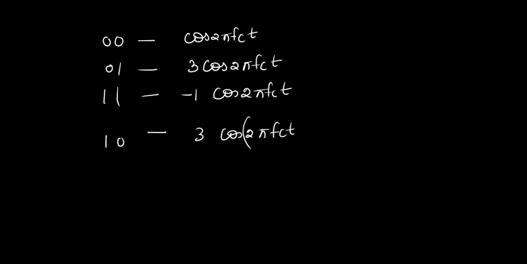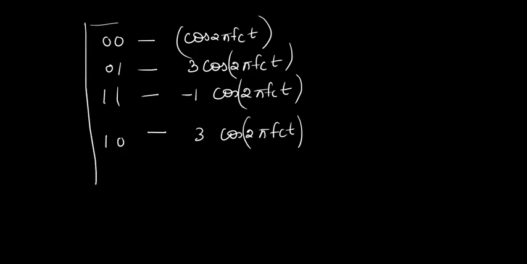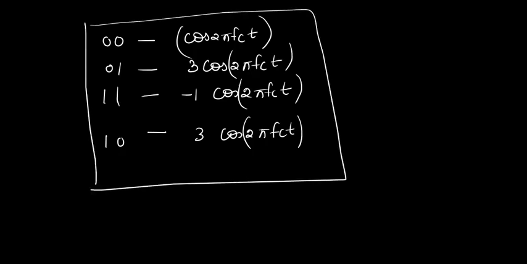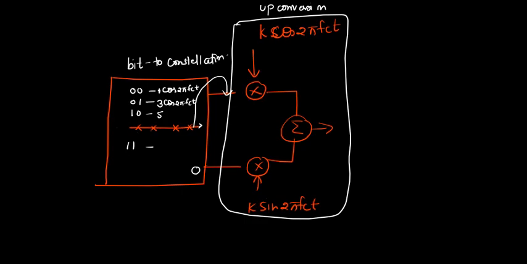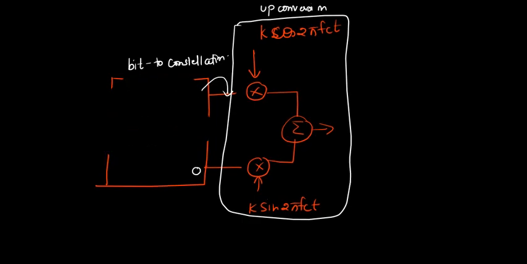Draw its constellation diagram quickly. This is a 4 ASK scheme. Draw its constellation diagram and then design the bit to constellation mapper.